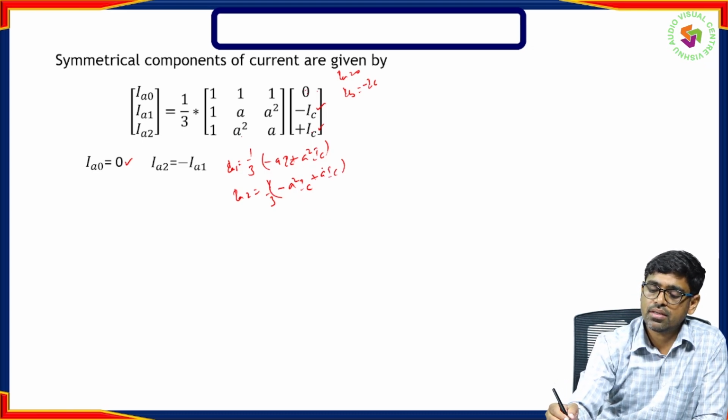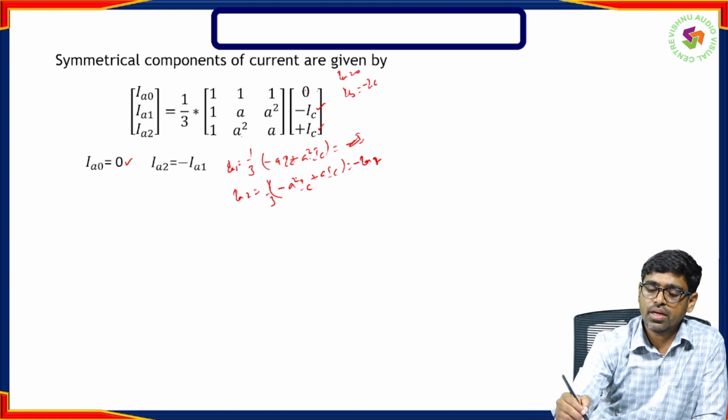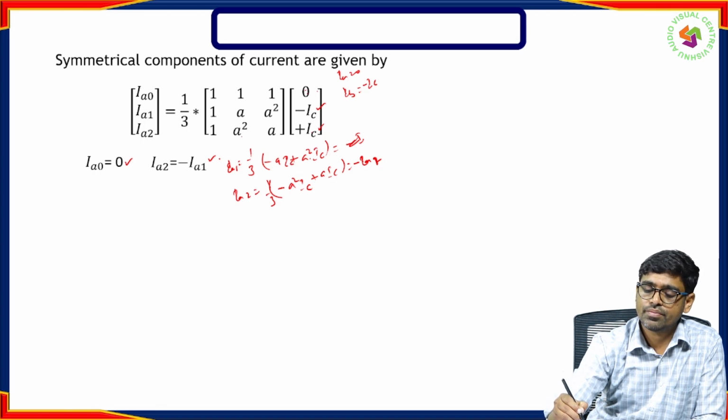If you take a minus common, it is minus A square plus A square. So any one relation, it is minus times IA2 and IA1. From this we can observe that IA2 equal to minus IA1.